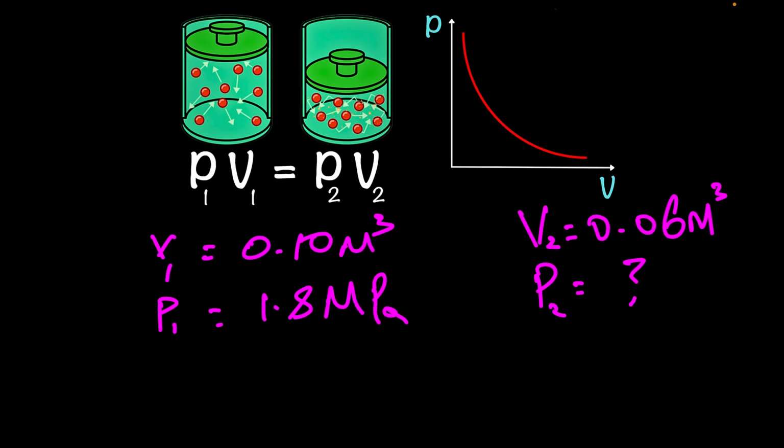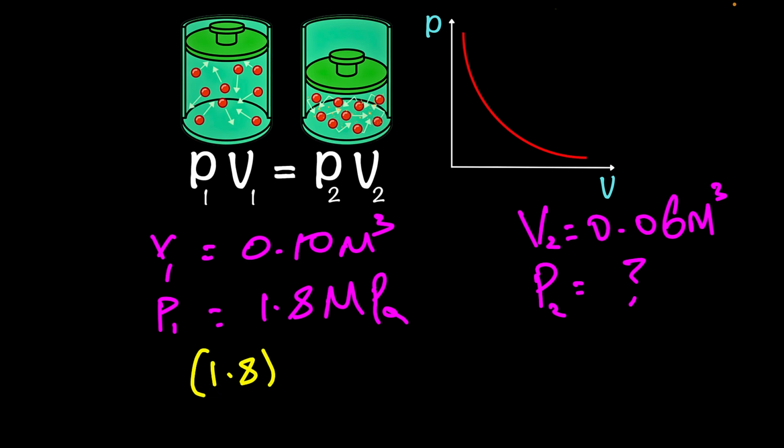So in our formula, we have our P1, V1. So this will be P1 times V1. So P1 is 1.8 megapascals. Don't need to really change the unit to times 10 to the 6 because the answer that we get will be in megapascals.